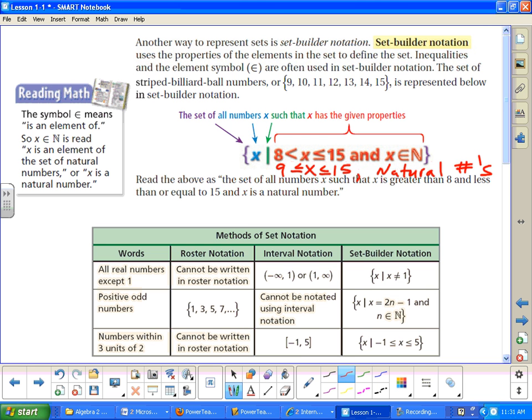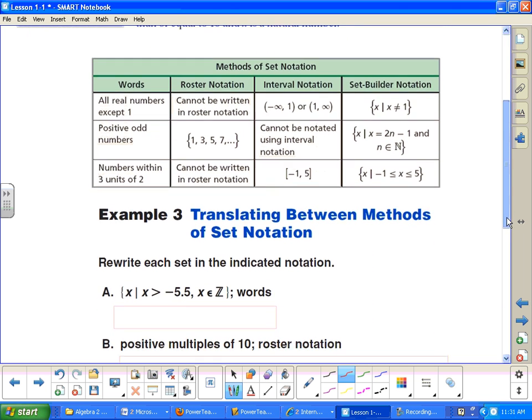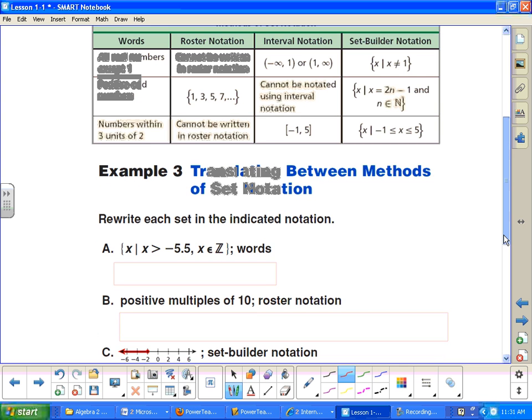Okay, natural numbers. Right. You wouldn't have to list it exactly that way. So here they have a table here with all the different things: words, roster notation, interval notation, set builder notation.